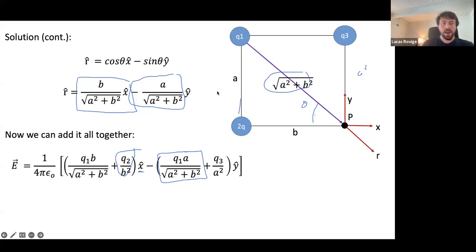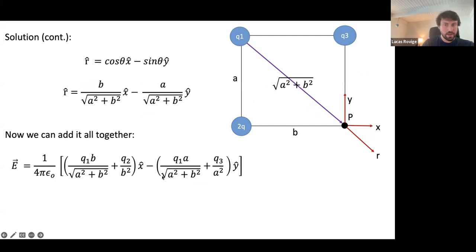And so you see that as soon as we have a few charges that are not aligned and you have to take the geometry into account, you can get pretty tedious calculations. This was a pretty simple example where everything is along a rectangle with a right angle, but you can get more complicated computations when you have a charge at a random position and you have to get the angles, some trigonometry, and a change of coordinates from cylindrical to Cartesian coordinates.